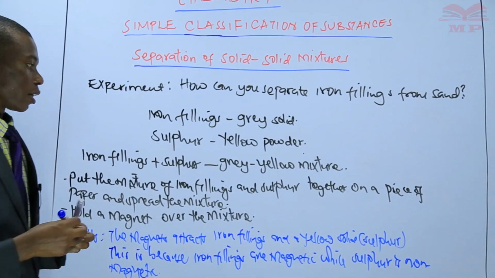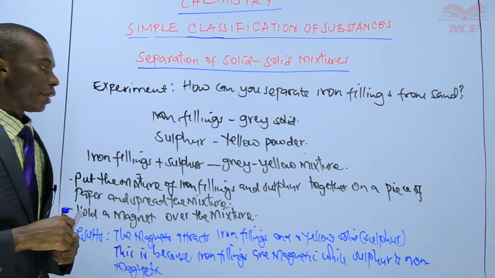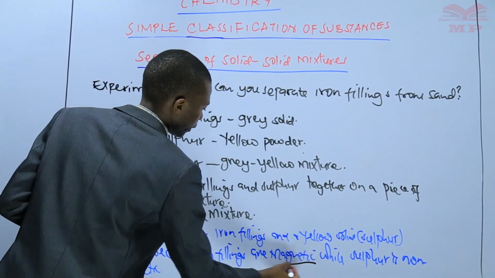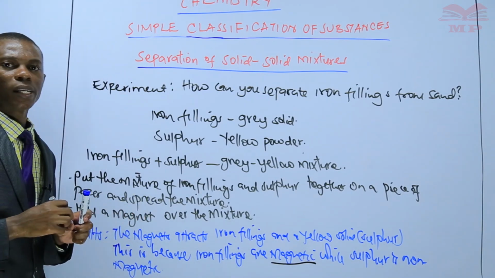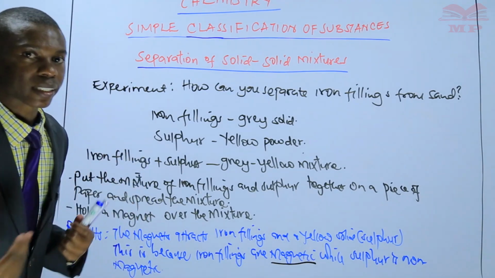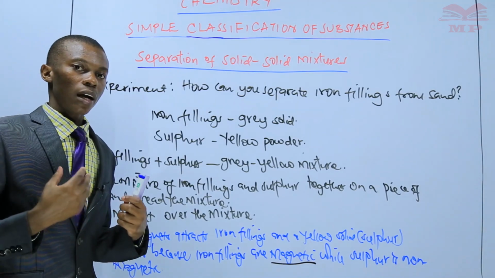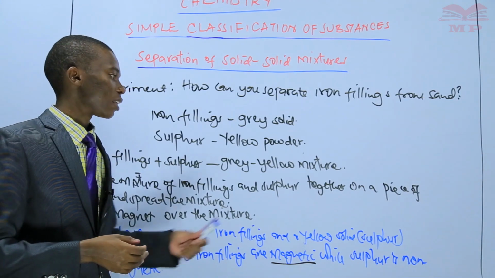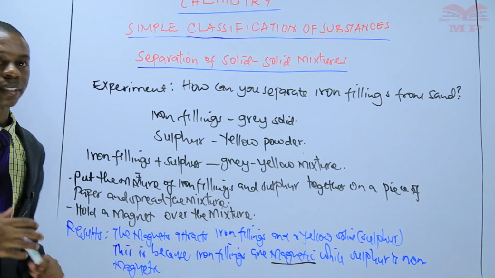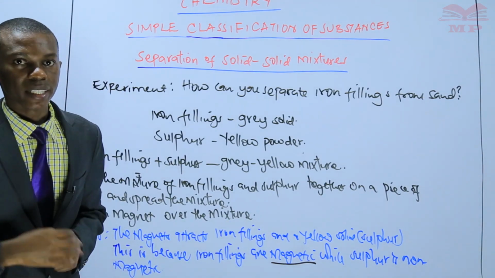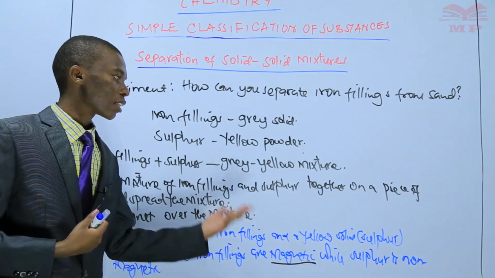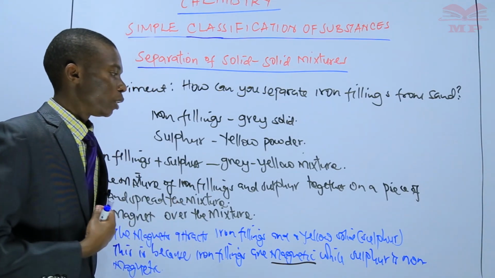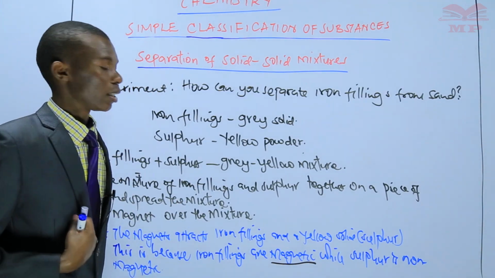What we mean by saying magnetic is simply the ability to attract: iron filings can be attracted by the magnet, while sulfur cannot be attracted by the magnet.